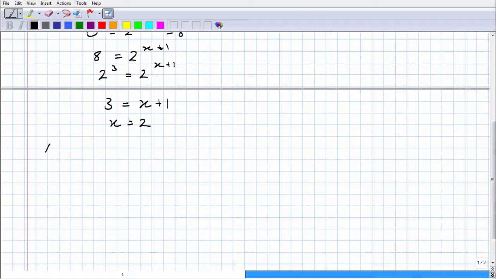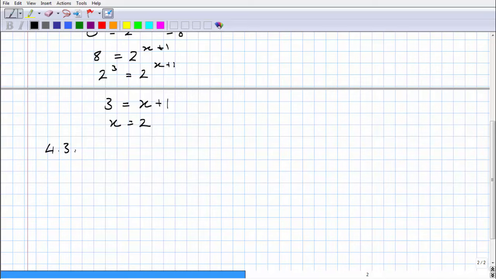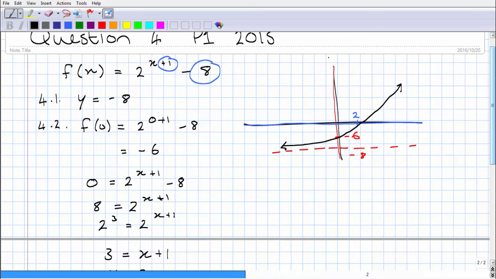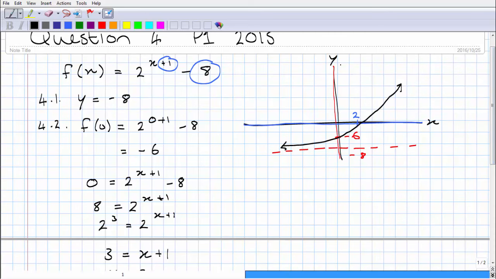4.3 says the graph of g, let's call it g of x, is obtained by reflecting the graph of f in the y-axis. So if we take that graph and reflect it in the y-axis, that's this axis over here, in other words, this thing goes onto that side.